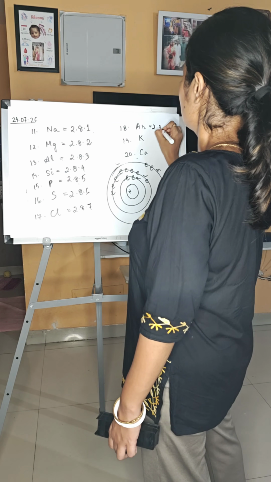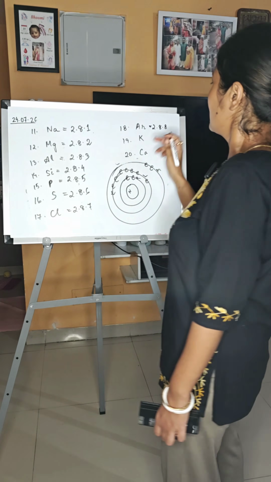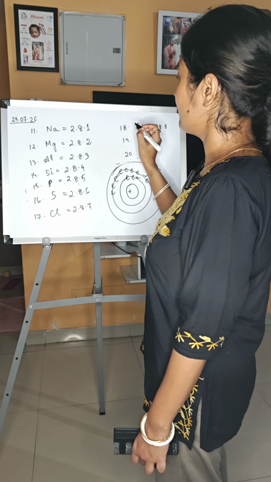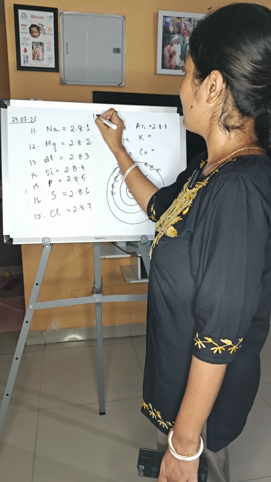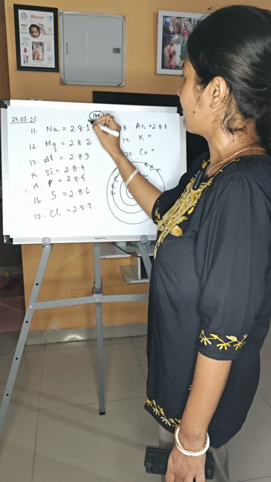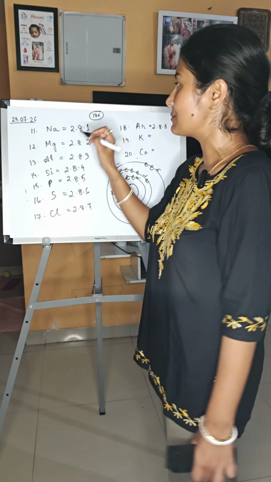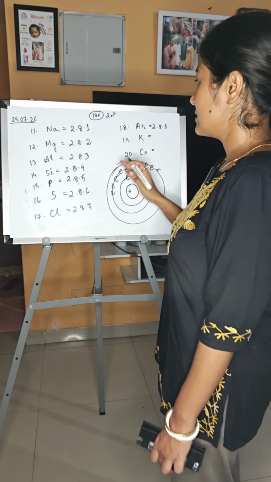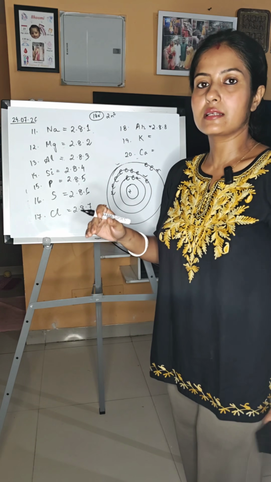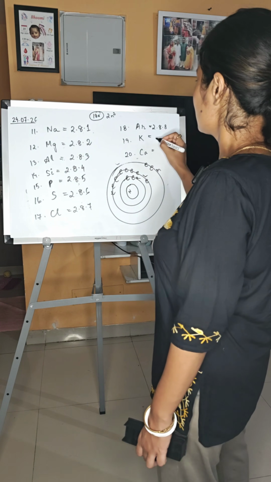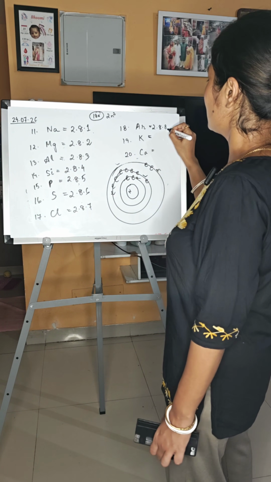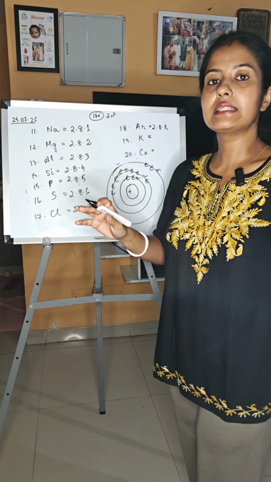Now here, in the previous discussion we have discussed that the third shell will have a maximum of 18 electrons as per the formula 2n square, but there is an exception here which we will be discussing in the later part. So here we will be considering that the third shell will have a maximum of 8 electrons.